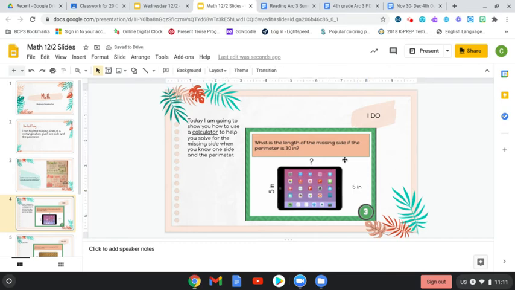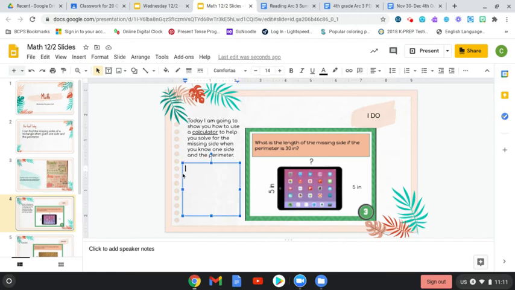Now, what I don't know is those other two sides. But I do know that the perimeter all together is 30. So what that means is that the 5-inch side plus the other 5-inch side plus the other side I don't know plus the other side I don't know, together equal 30 inches.